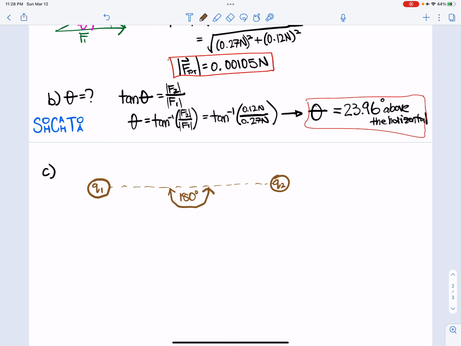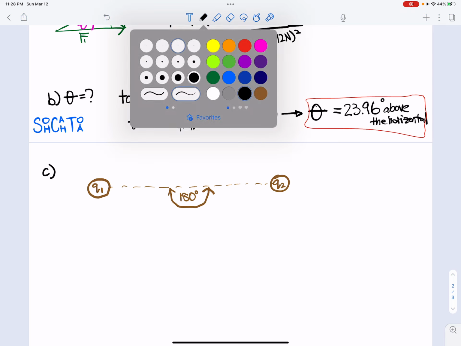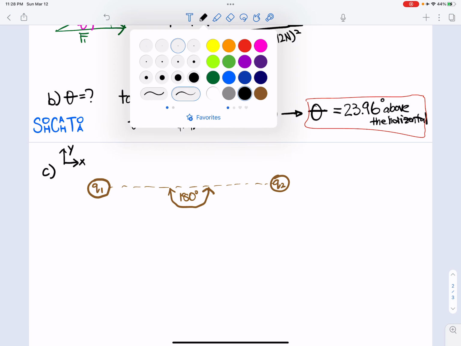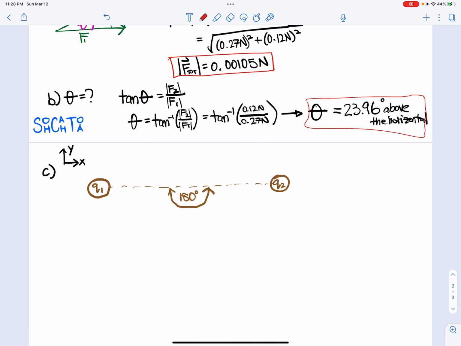Because it's a perfectly straight line, and let's say I have my coordinate system of X and Y, I know that if I place point Q somewhere here, it's not going to have a force in the Y component, right?